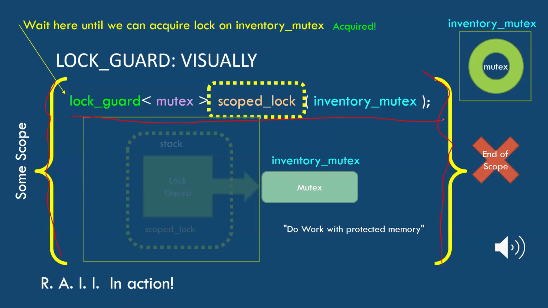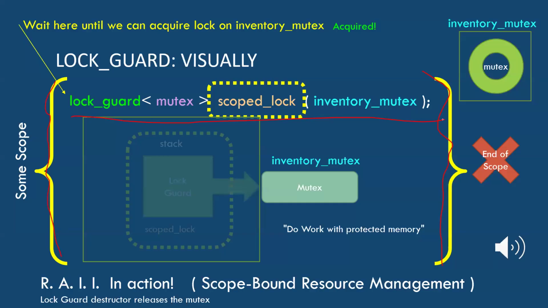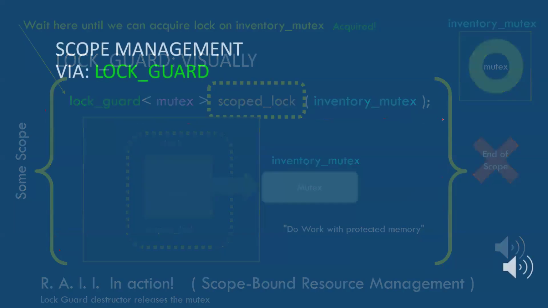So this is our RAII, or scope-bound resource management. It's the same strategy or pattern, sometimes called an idiom, that we use for our shared pointers. When they go out of scope, they clean up the mess. So LockGuard is doing that for us here with the inventory mutex. It's just another way to deal with unlocking a mutex.